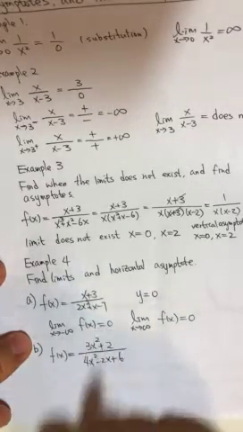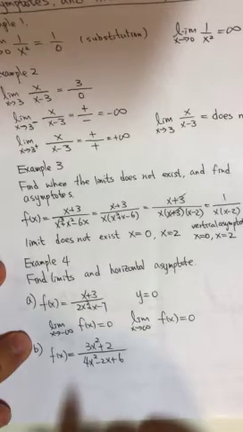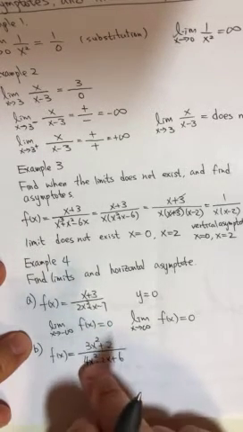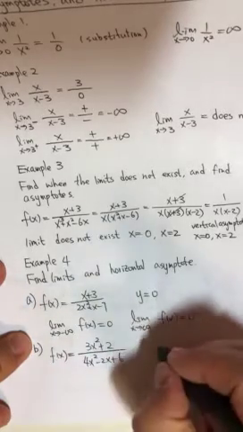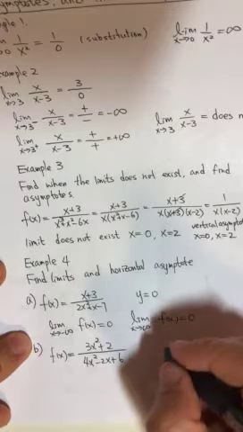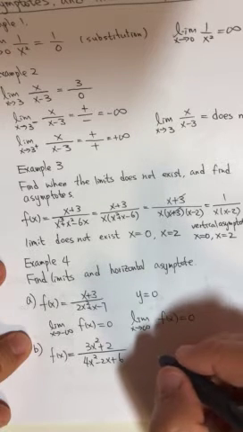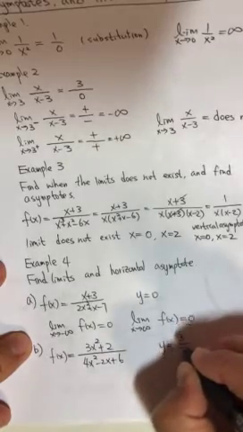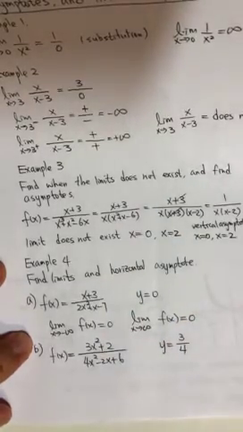What is the degree of your numerator compared to the degree of your denominator? Obviously they are both to the second power. So I know as x approaches infinity or negative infinity, the function is going to approach y equals 3/4.